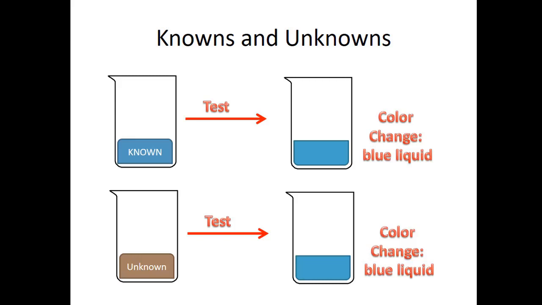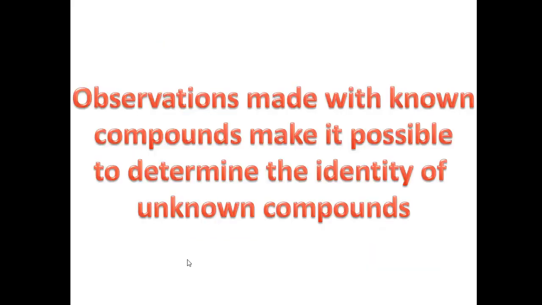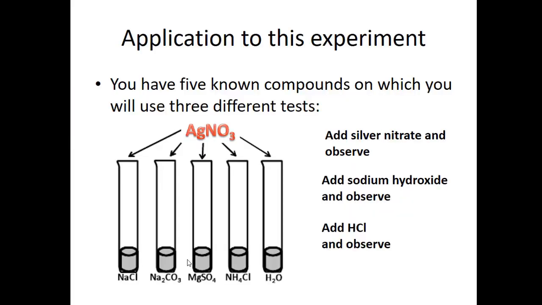Both liquids turn blue. So whatever the known compound is here is probably what your unknown compound is here. That's how you're able to test known compounds and then extrapolate the data from the known compounds to determine what the unknown compound is. So when you observe something with a known compound, it makes it possible to determine the identity of an unknown compound.